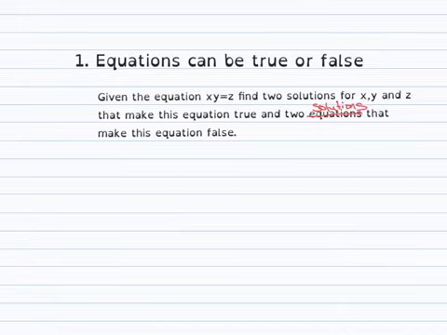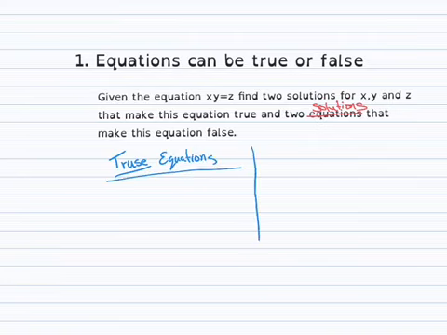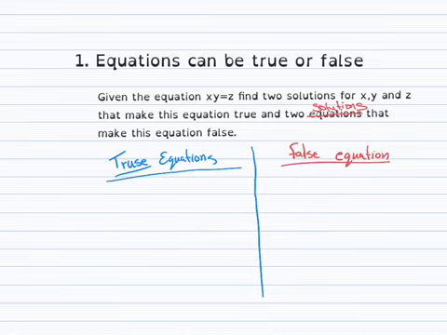So I'm going to start off over here. These are going to be my true solutions, or true equations, and these are going to be my false equations. Let's start off with a couple of values.